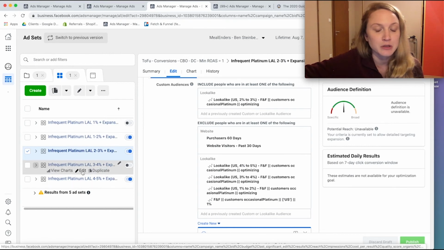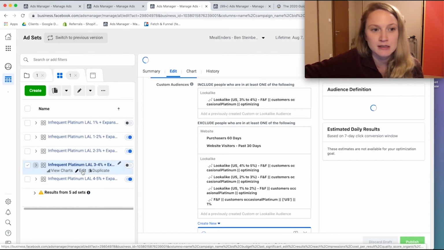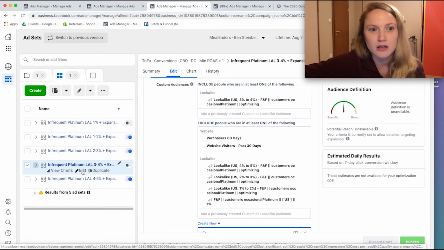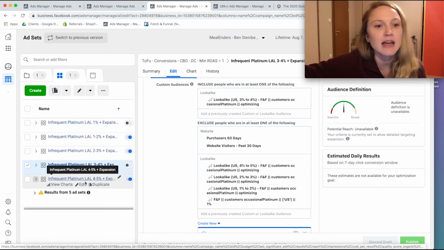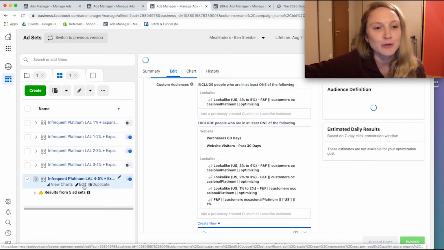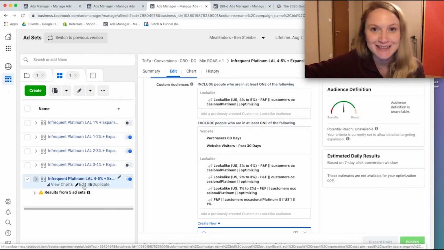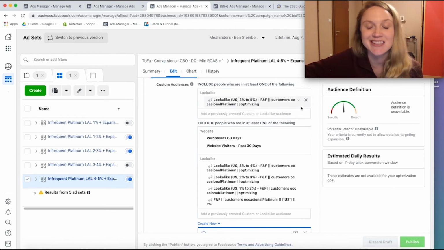That part is really important when setting this up. It is a little bit more laborious, but again, if you've tested the 1%, killed it, then dipped your toe into a 2 or 3% audience and it looks like it's doing good, definitely give this a try.